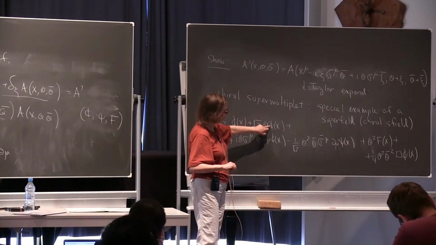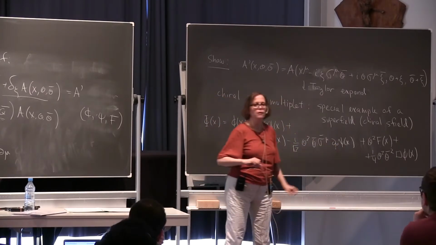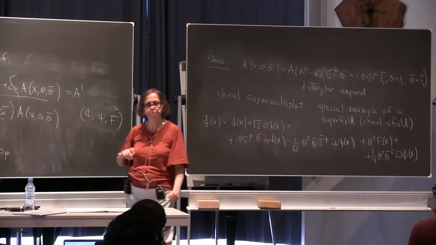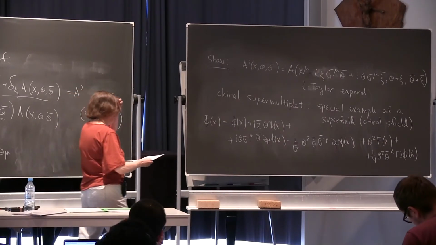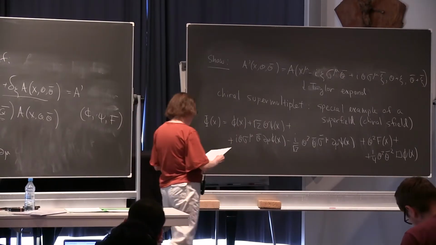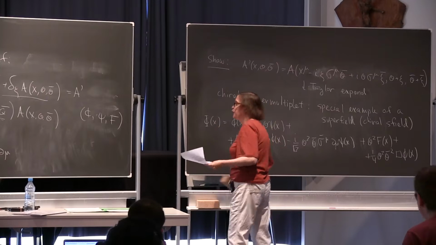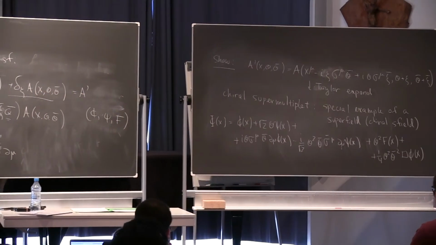So you see both psi and the derivative of psi over here, and so on and so forth. Now, for this, we know exactly what the SUSY transformations of these fields were, so this is something that we can check. We can really try to see whether we get the SUSY transformations that we already know.